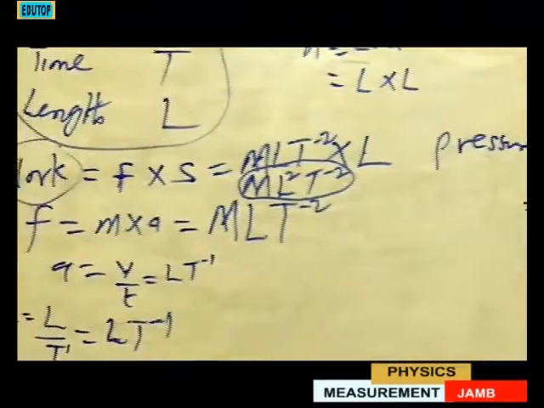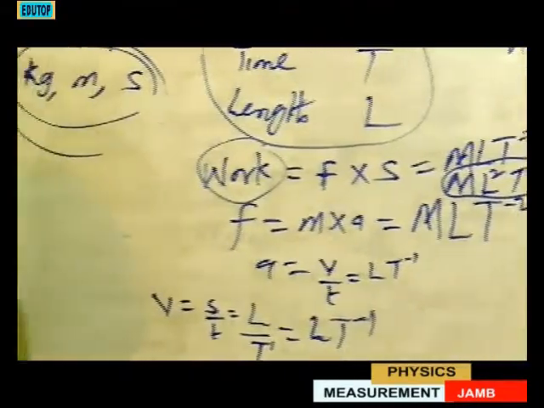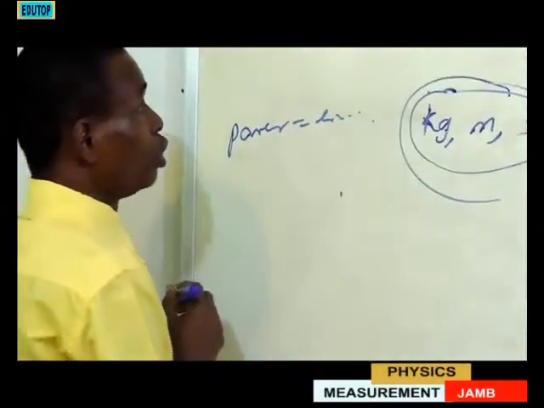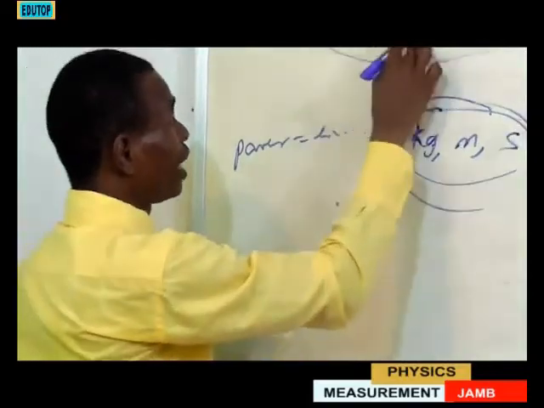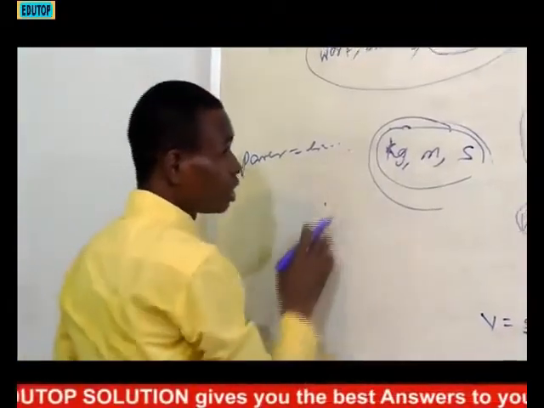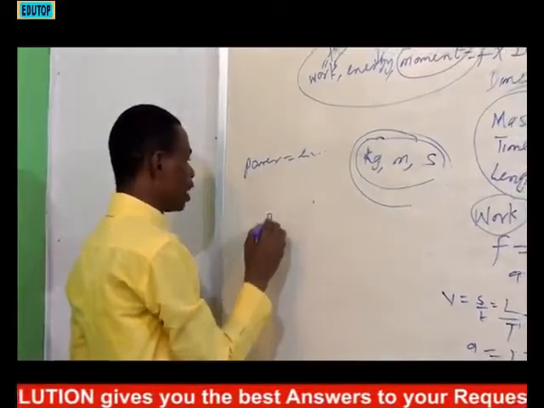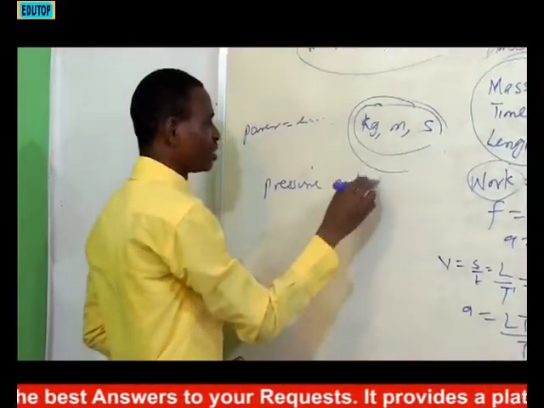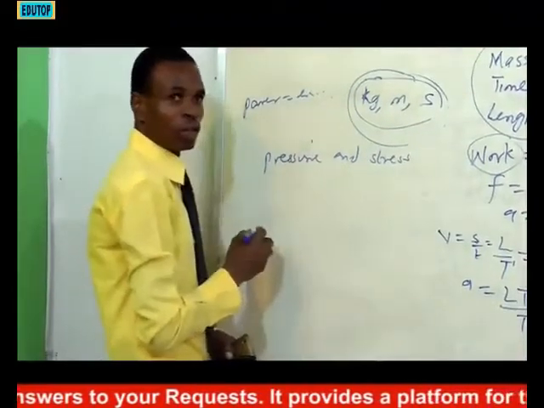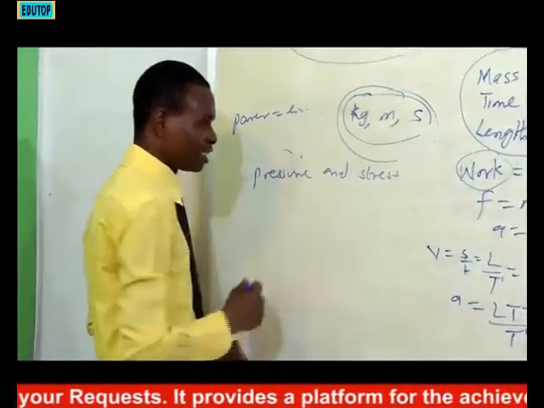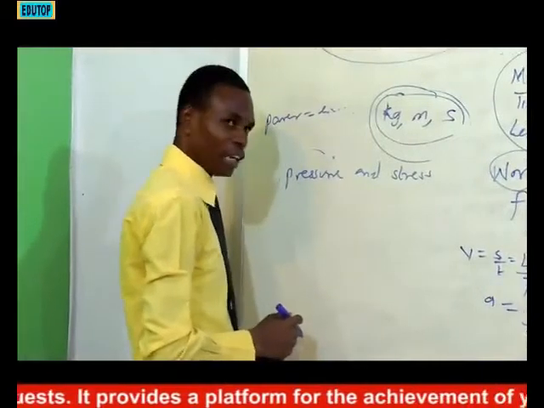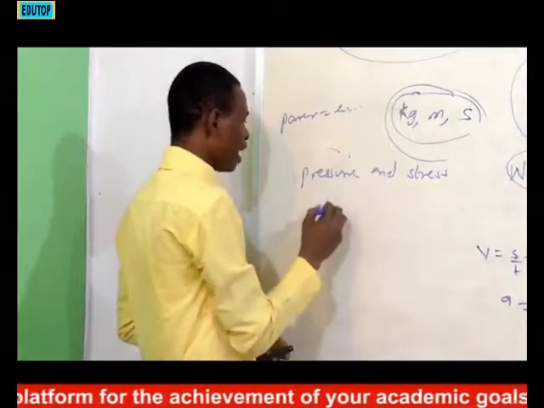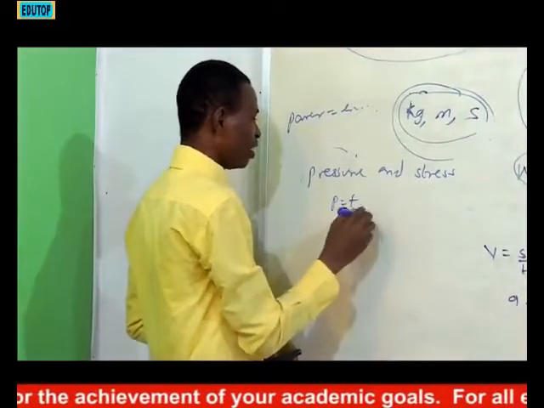Then let's quickly consider stress. Yes, take note of this also. You remember what I told you about work, energy, moment, they have the same what? Dimension. The same thing with pressure and stress. Both pressure and stress have the same dimension, because pressure is defined as force over area.